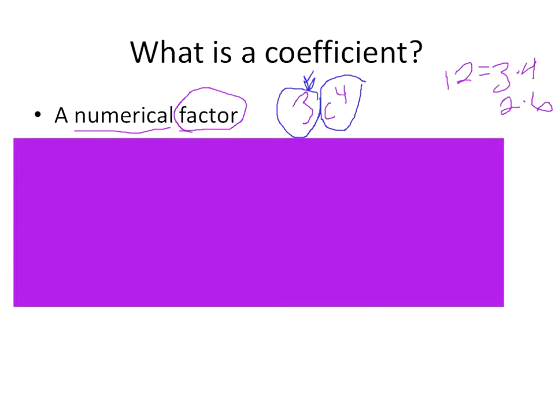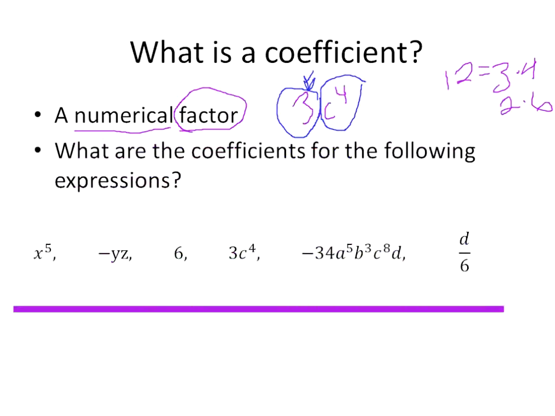So it's asking here, what are the coefficients of the following expressions? I happen to write down the same expressions that we had in the previous slide. As we're looking at this, the coefficients for some of these are pretty obvious. We already know about the 3. That's a coefficient because it's the number that's being multiplied times the variable.